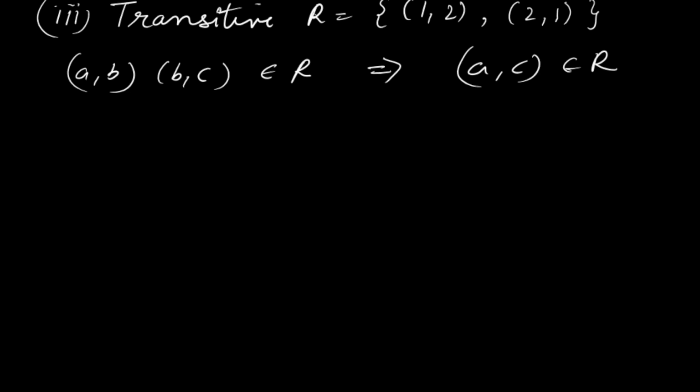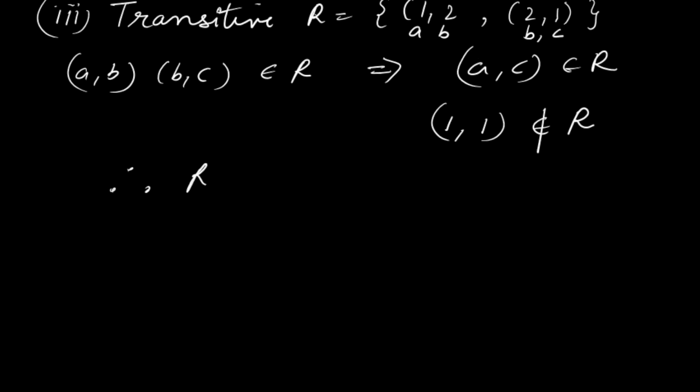But here we can see this is a, this is b. Again this is b and, let's say, this is c. To satisfy this I should have (1, 1) also. But (1, 1) doesn't belong to relation R. So here (1, 1) should also be present in the given relation.